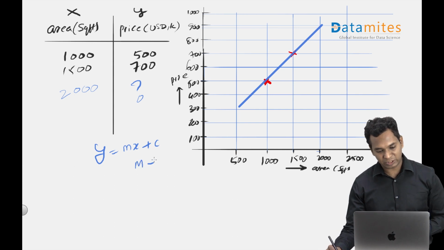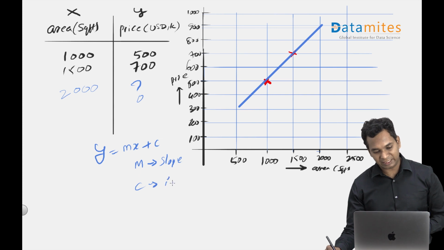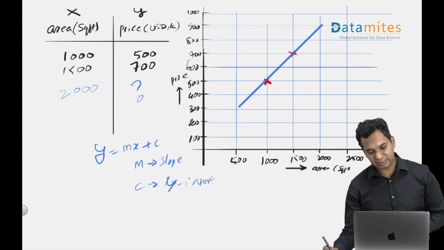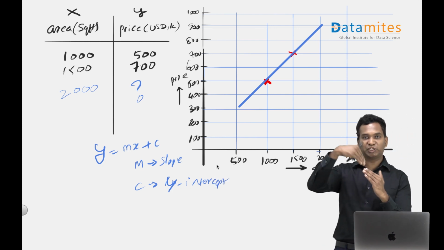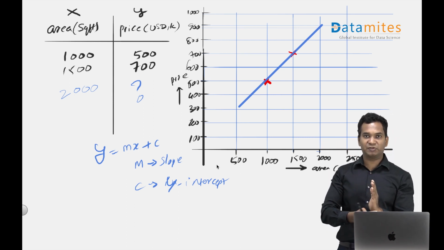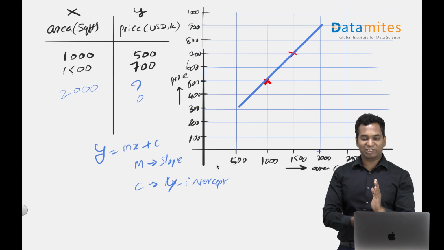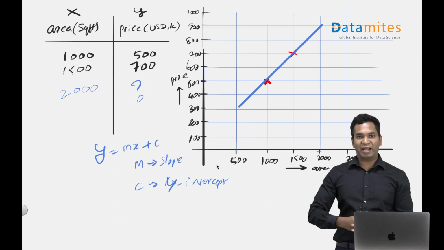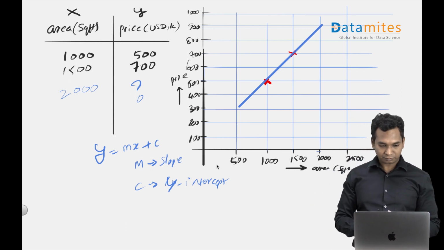So m is slope, and c is your y-intercept, which is where this line intersects your y-axis. In our case, our y-axis is price, so the y-intercept is our price axis intercept.